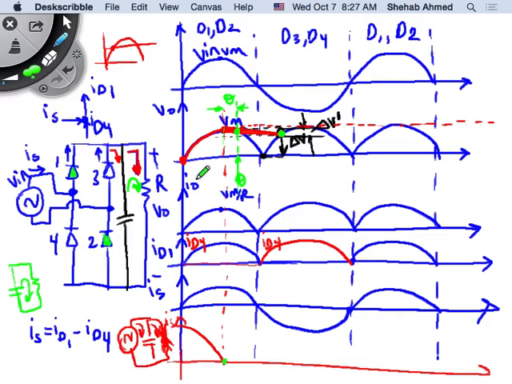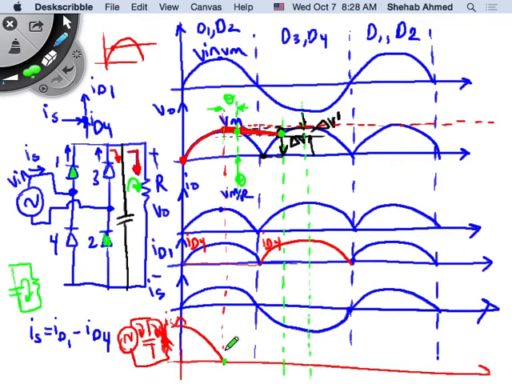Is it okay? So now what's happening? Let's look at this point, here until here. Here we said I was charging my capacitor.